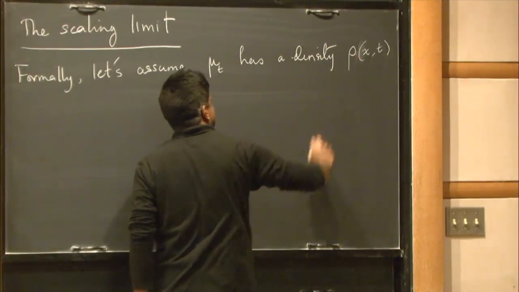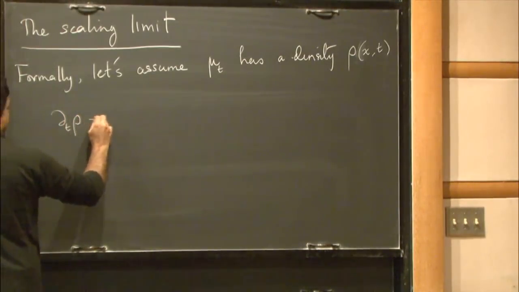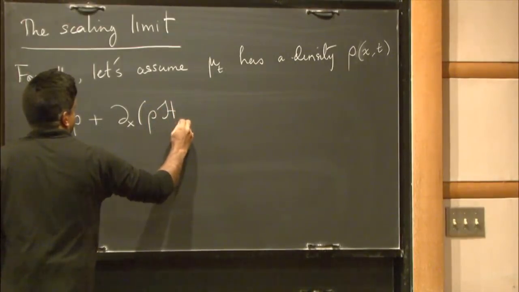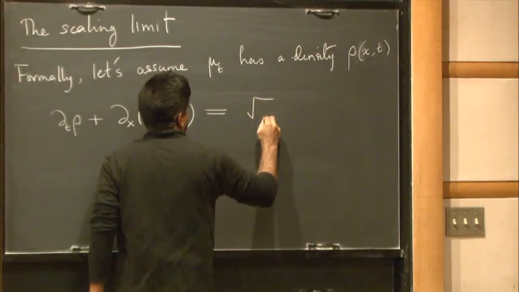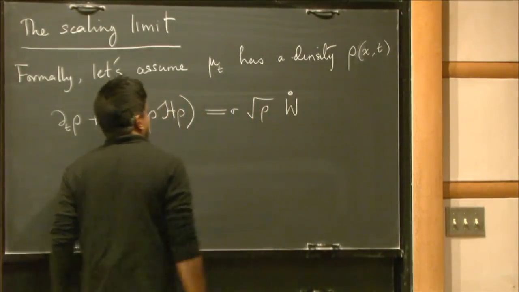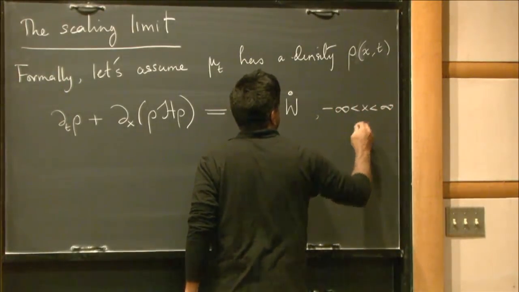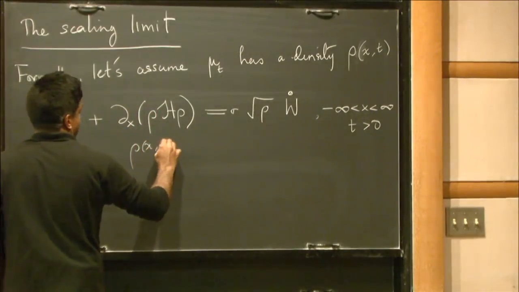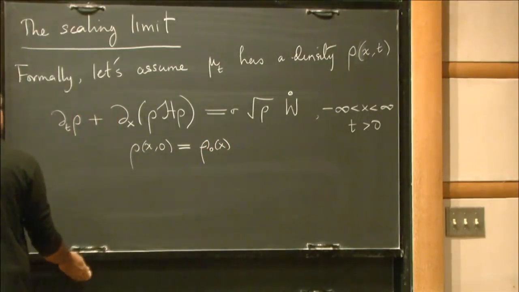Our assertion is that this driving measure has a characterization in the limit. There's a parameter sigma over here, with x between minus infinity and infinity and t greater than 0, and there's some initial data rho_0 of x, which will be determined in a way that I will tell you.